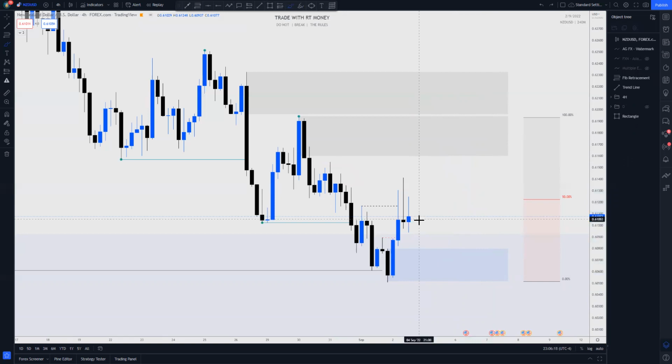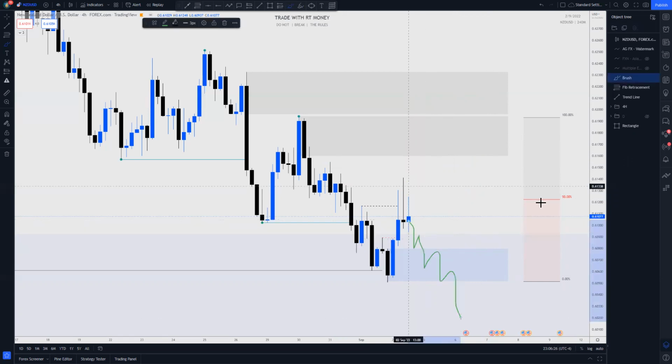The bearish one is if price opens on Sunday and it just continues down bearish because it's already come into the 50%, all right, and doesn't need to go any further. All right, maybe that might be the case. And if it does do that and takes out this demand zone, this is what I need to see.